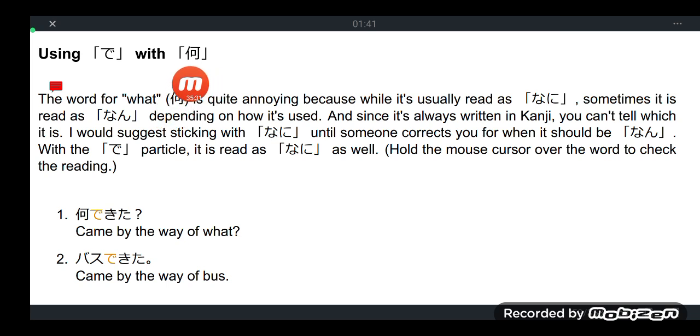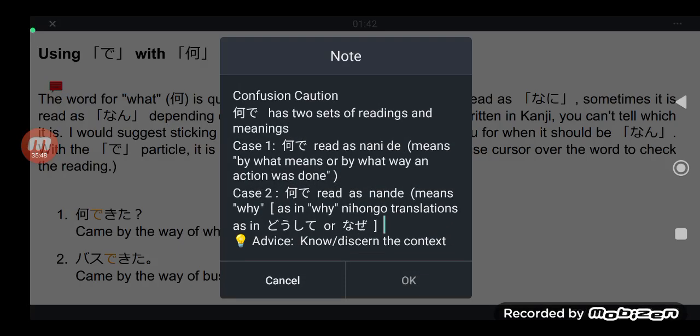If others do not correct you as nan, I suggest that you read this as nani by default. So the confusion is when the nani is paired with the de at its right side. So, caution: this kanji nani can be nani de or nande. It has two sets of readings and meanings.